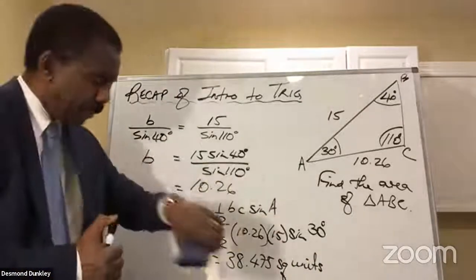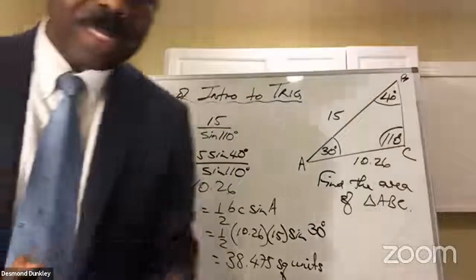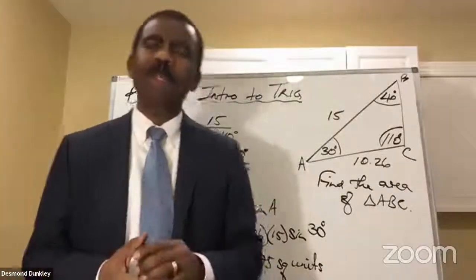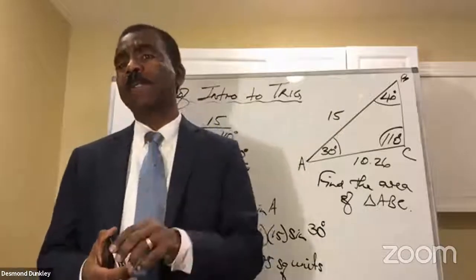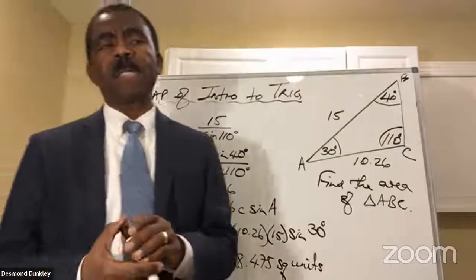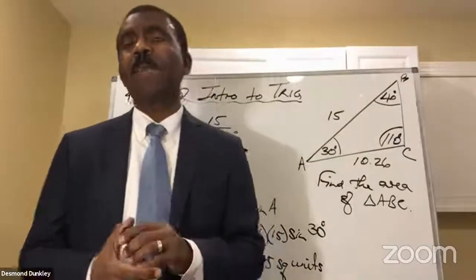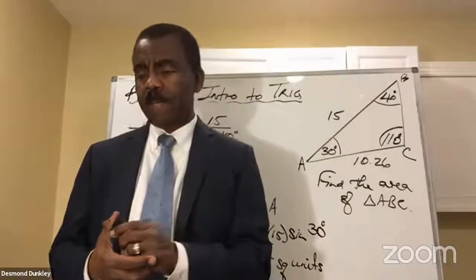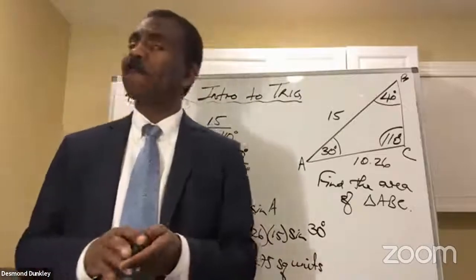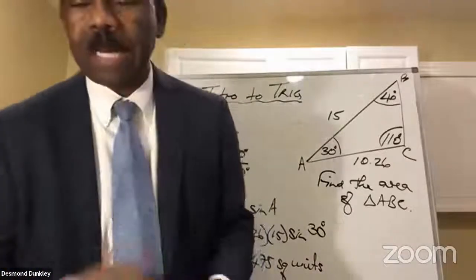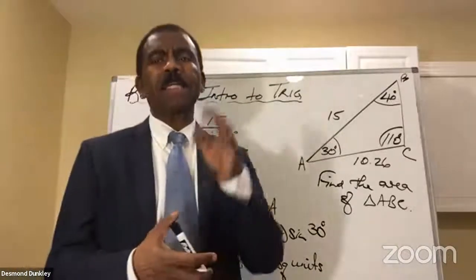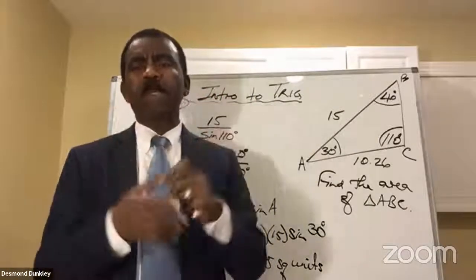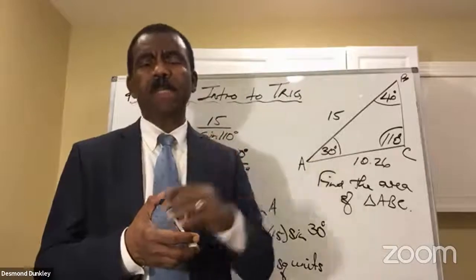Okay, so we have covered the law of cosines, Heron's formula, and the law of sines. We have also found the area of a non-right triangle by using a half AB sine C, and of course we know the half base times height, and we have also covered the six trigonometric ratios. You have the three common trig ratios and their reciprocals.